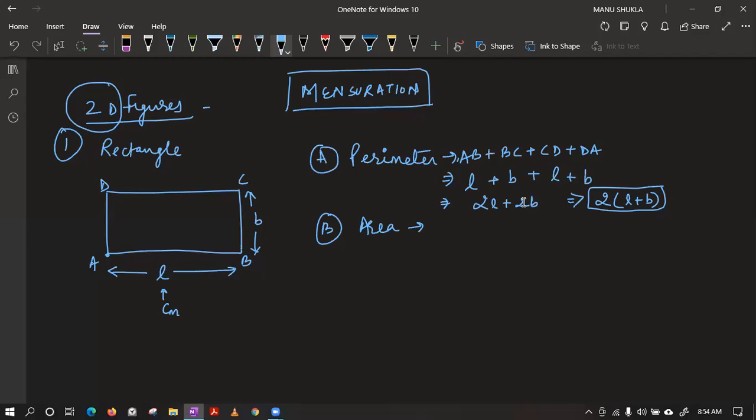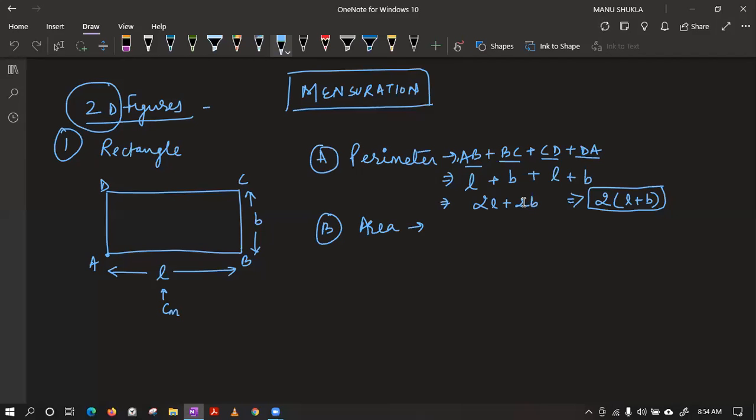Will it be centimeter square, centimeter cube, centimeter, or none of these? Very good, because here we are just adding them. You can see we are just adding the measurements, so the unit will remain the same. Unit will be as it is. Okay, it will not go into square or cube.